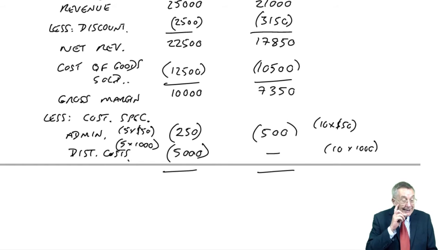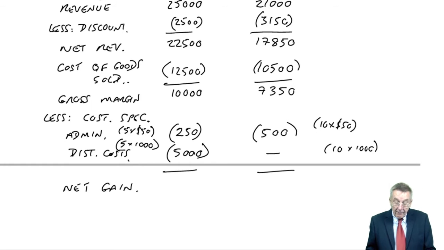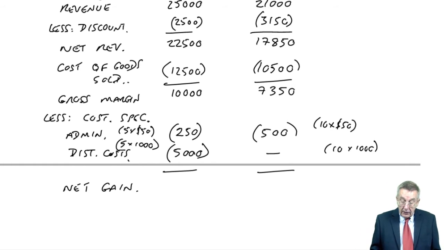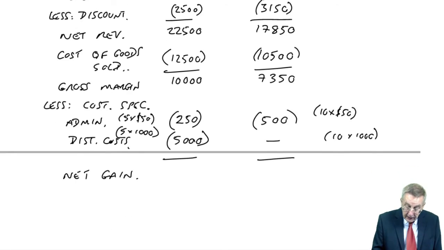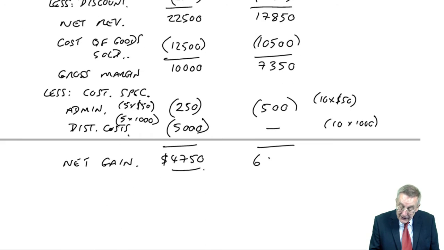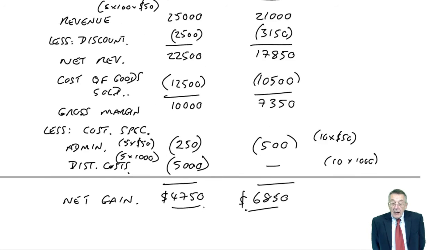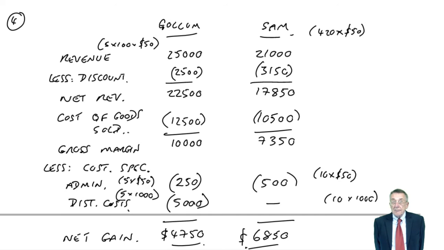As a result, the net gain on each customer for Gollum is 4,750, and for Sam, 6,850. So again, bringing in these customer-specific costs, earlier on the gross margin, which is what traditionally we might only look at, Gollum is our best customer of the two.